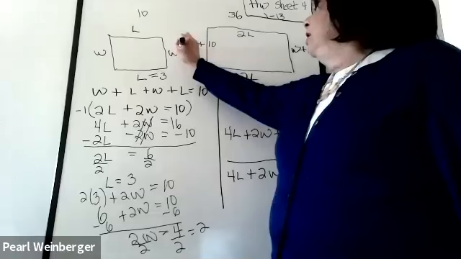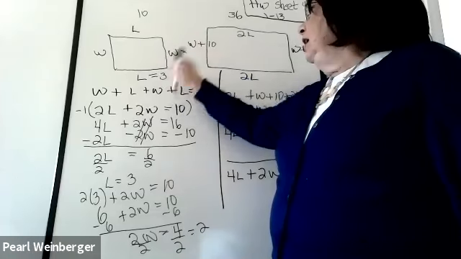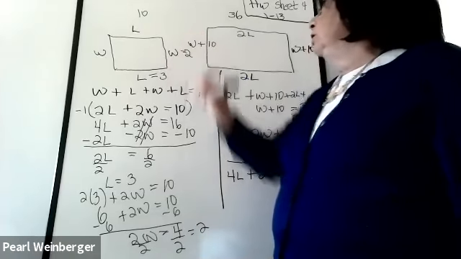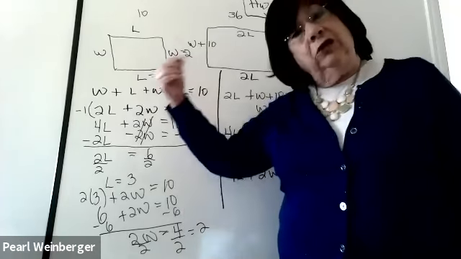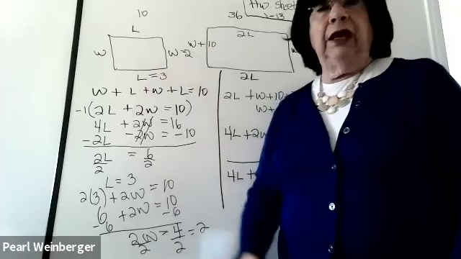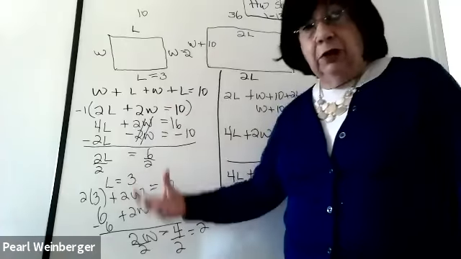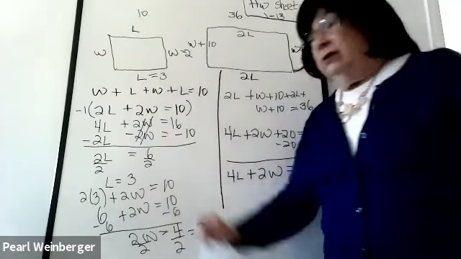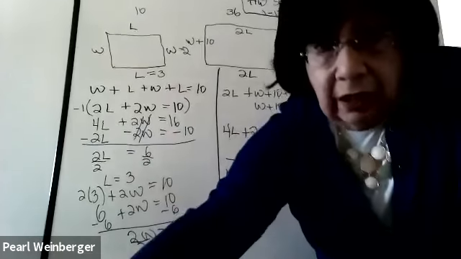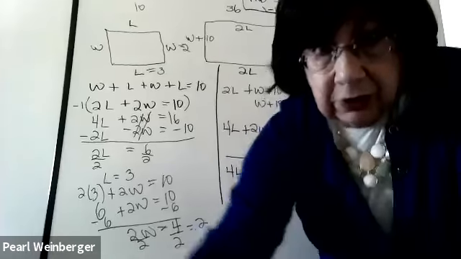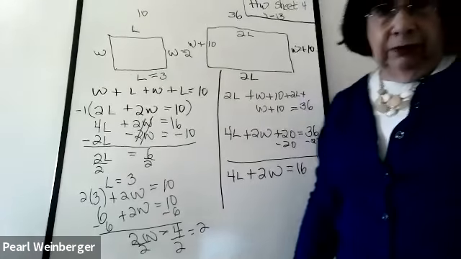So the length was originally 3, and the width was originally 2. That was a little bit harder, but if we just followed through, we were able to do a system of equations and solve our system of equations. That pretty much takes care of the type of examples that you might see on systems of equations.